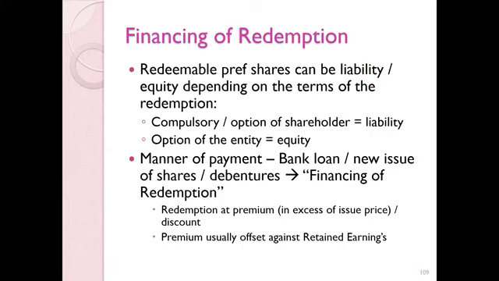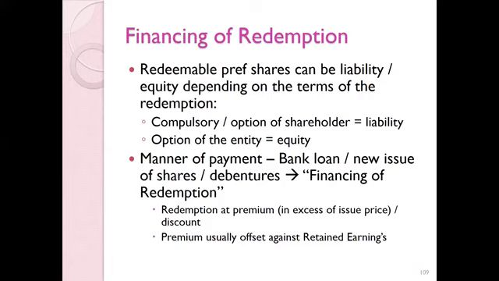You might need to look at another loan, or perhaps you may need to issue more shares to other shareholders, or actually take out debentures, issue debentures. Typically, your redemption is done at a premium, so in excess of the issue price. It can also be done at a discount, but that's not often the case.